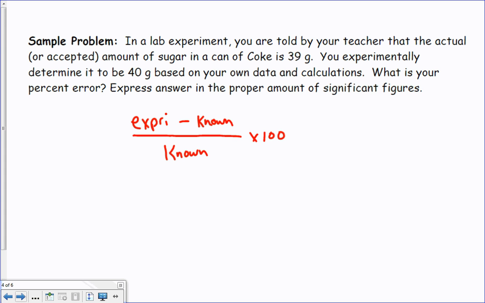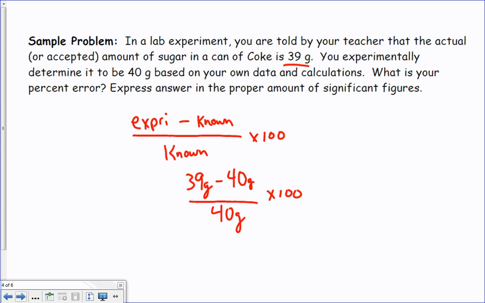So here's our experimental. Let's plug that in. 39 grams minus 40 grams divided by 40 grams, all times 100. Now we just need that handy dandy calculator, and we can chug it out.